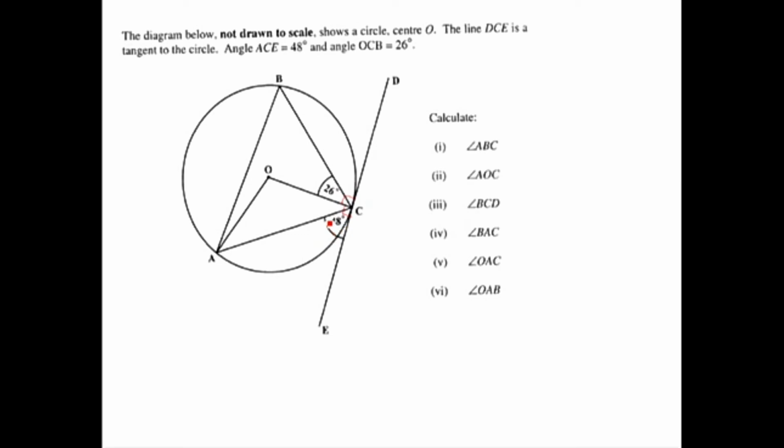Since this angle between the chord and the tangent, 48 degrees, is in the minor segment on the chord AC, the angle in the alternate segment, the major segment over at B, should be equal. The angle in the minor segment between the tangent and the chord is equal to the angle in the major segment at the circumference. That's the alternate segment theorem.